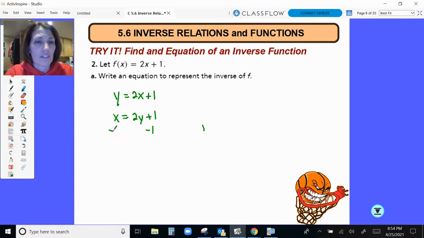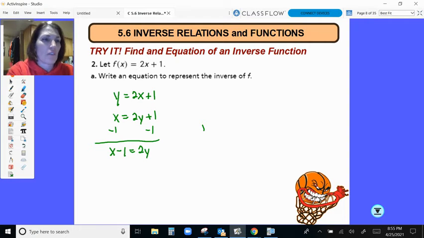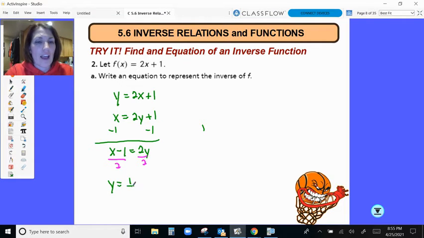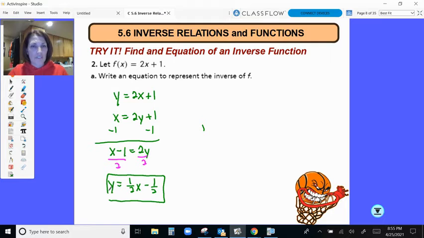So subtract 1. x minus 1 equals 2y. And then we're going to go ahead and divide by 2. And so y is going to equal x divided by 2. I'm just going to write 1/2 x. And the negative 1 divided by 2 is minus 1/2. And there's my new equation. y equals 1/2 x minus 1/2.